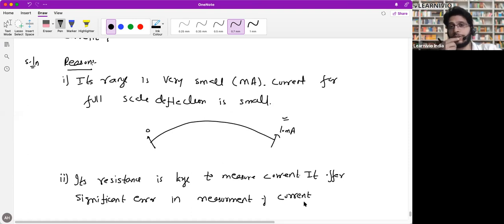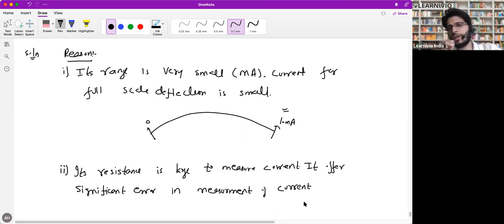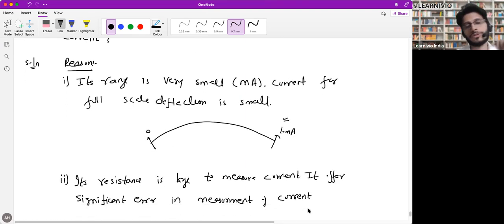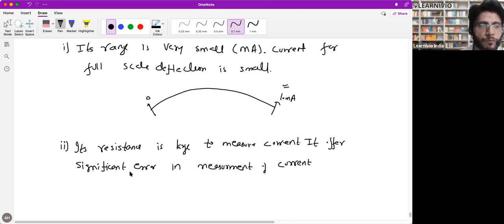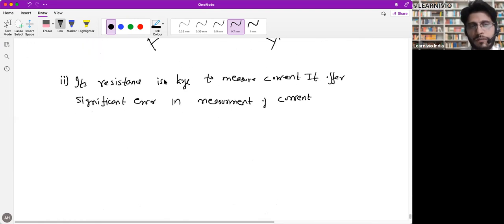So these are the two reasons why we don't use galvanometer to measure current. The first thing is current for full scale deflection is very small, milliampere only. Second, its resistance is very large, and it can offer significant error in the measurement of current. Why we can't measure current using a galvanometer.